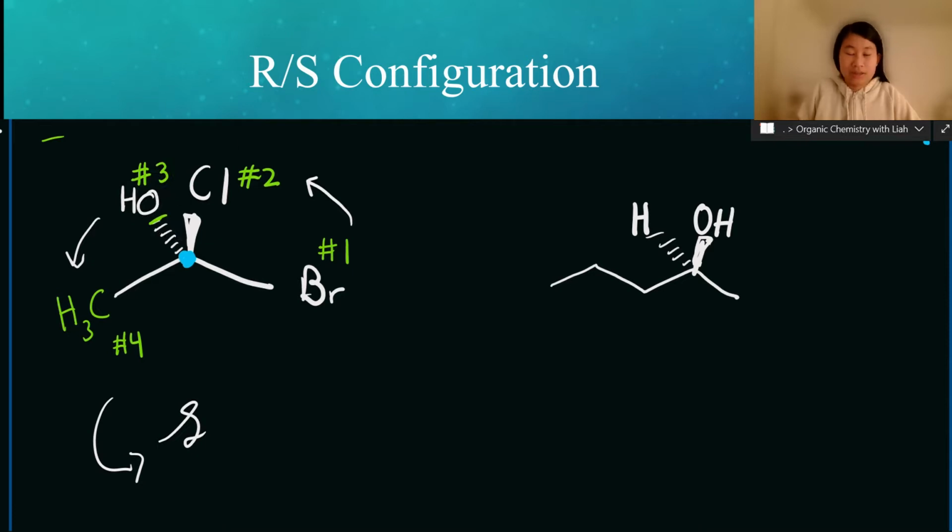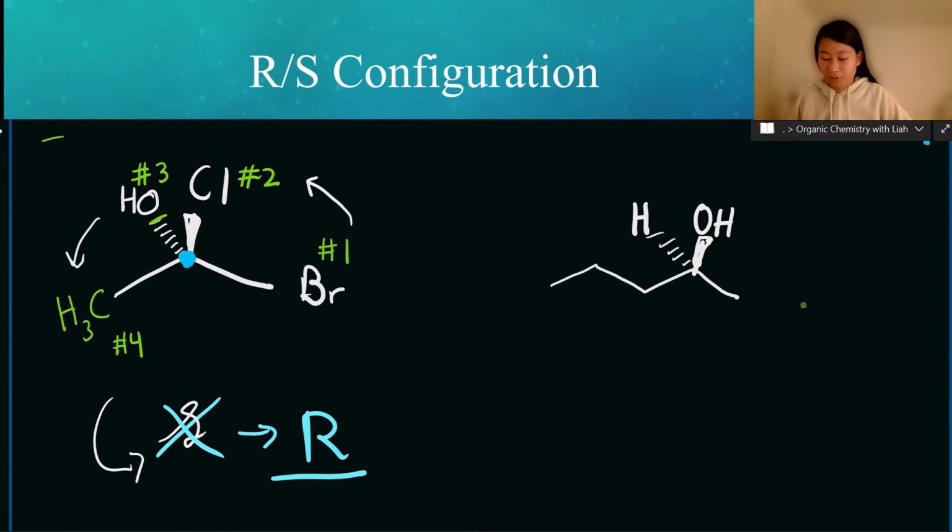The trick here is that if an odd number is on the dash, either 1 or 3, then you must change what you got to the other configuration. So because 3 is on the dash, we have to change our configuration from S to R. So it is not S, but it is R.